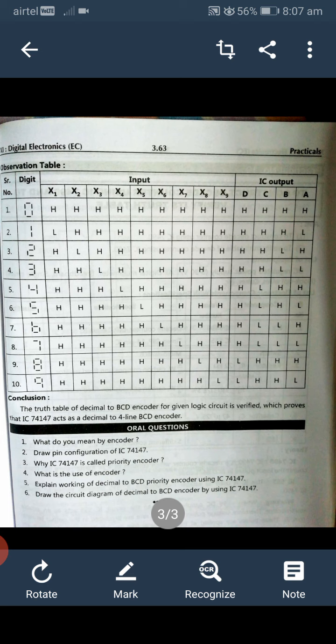Explain working of decimal to BCD priority encoder by using IC 74147. Draw the circuit diagram of decimal to BCD encoder by using IC 74147.